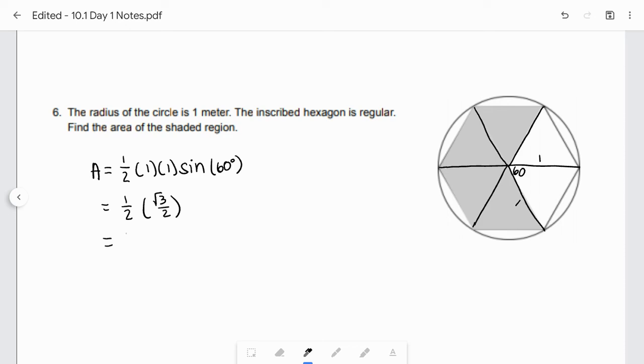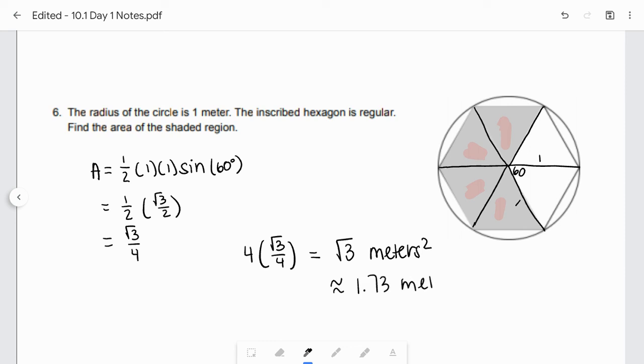So the area is equal to root 3 over 4. Okay, and then we have 4 shaded equilateral triangles. So the area of the shaded region would just be 4 times the square root of 3 over 4, which is just going to be square root 3 meters squared. Or if we type this into our calculator, that's approximately 1.73 meters squared.